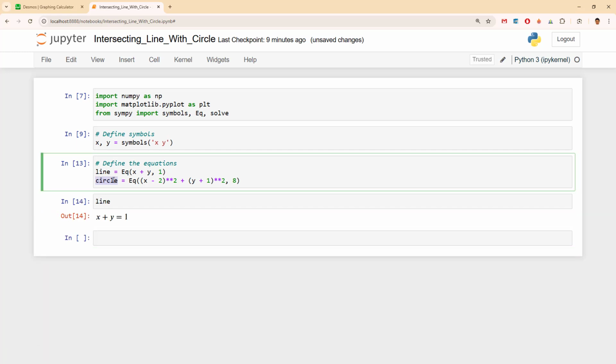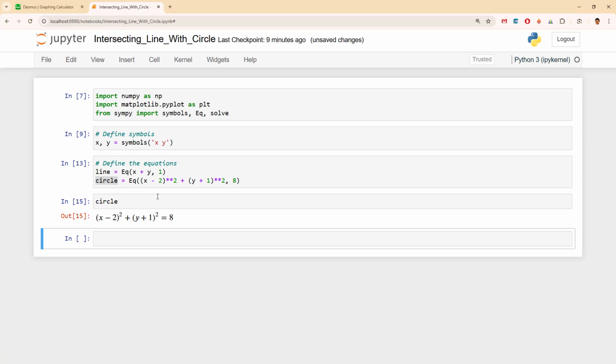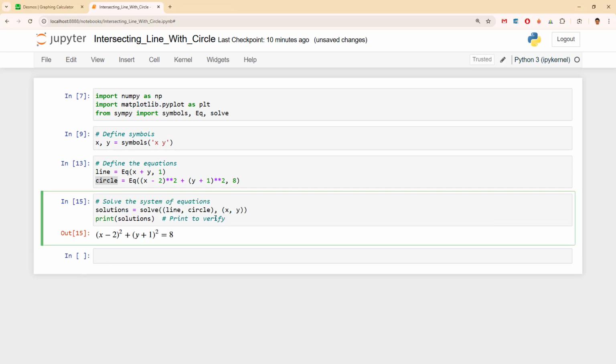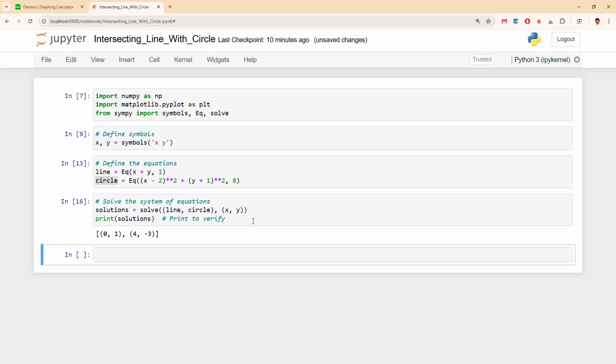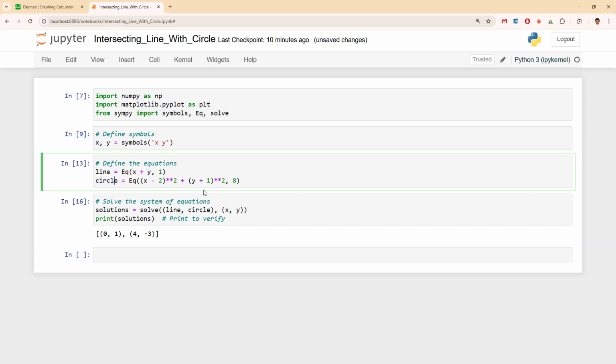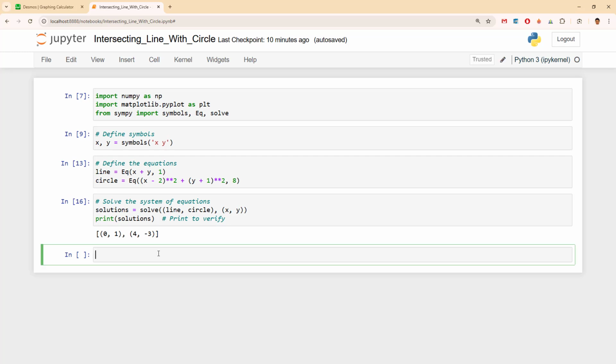Okay, for the line we get this one, and for the circle we get this one. Not so fancy, but the squares look good. And now let's solve it. Do you think it would be solved? Well, pretty much it's solved so quickly, and we get the two answers, 0, 1 and 4, minus 3.